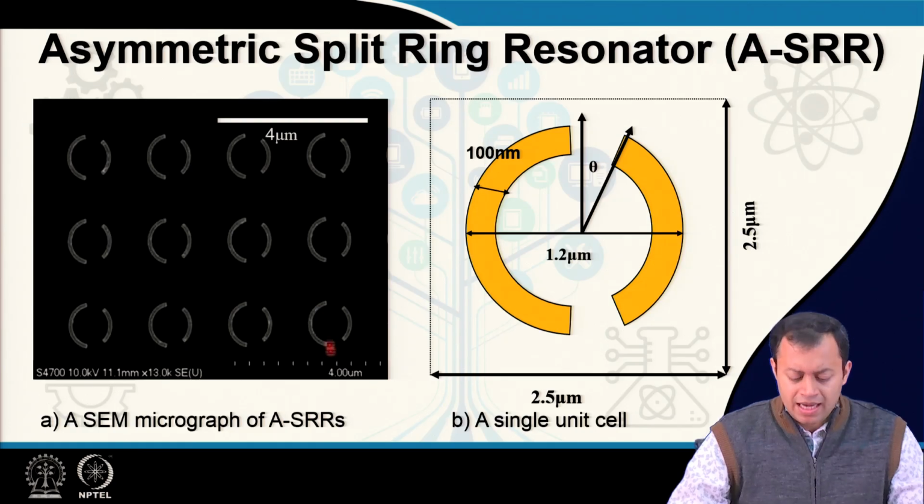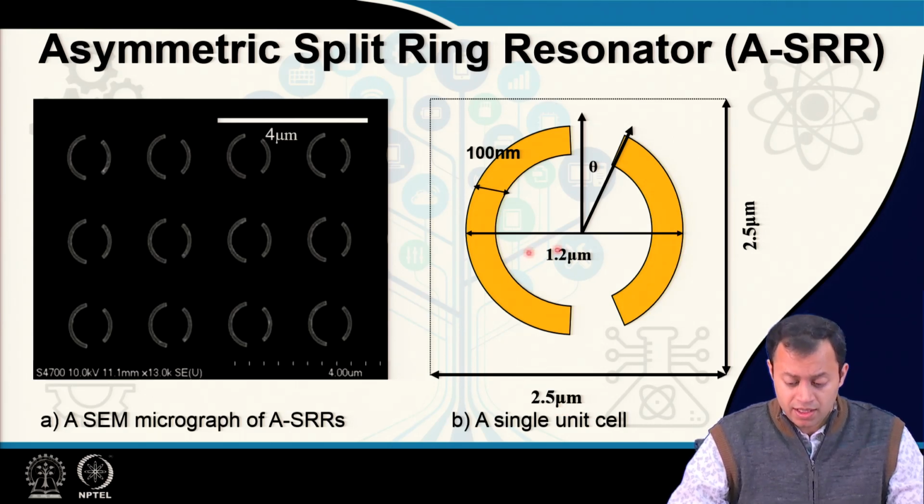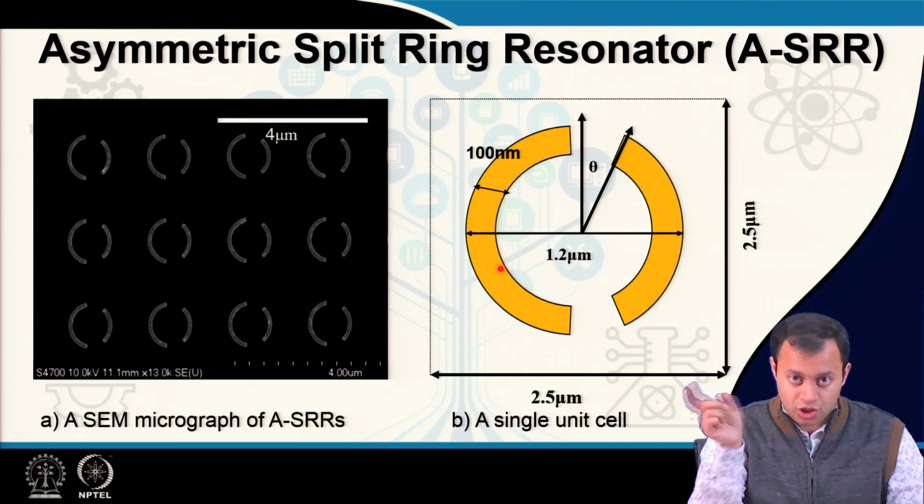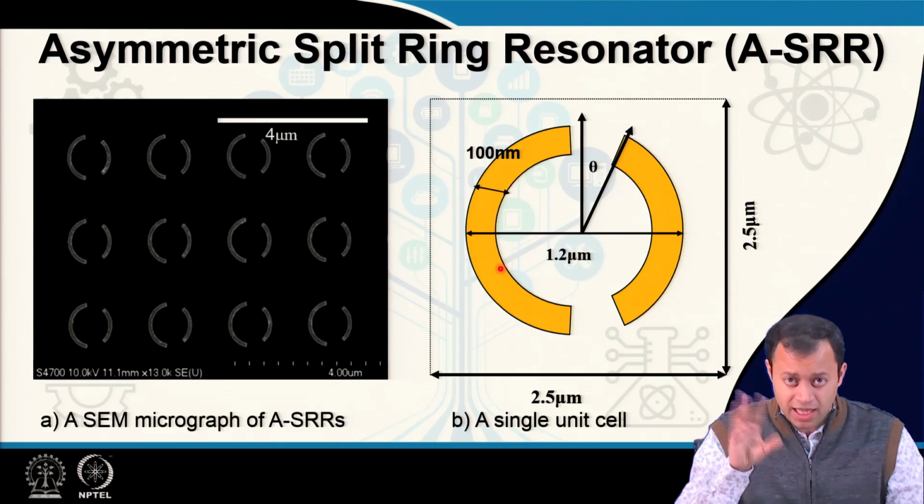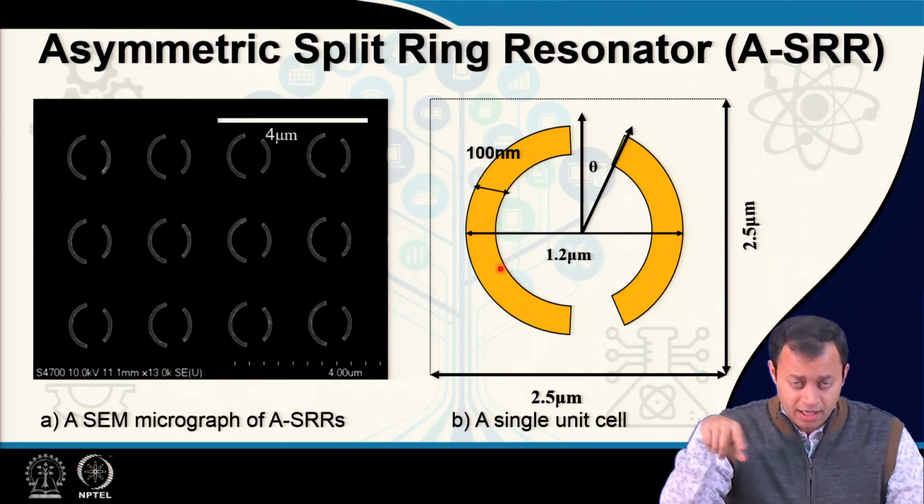Why make this? And these are slightly bigger. This is 5 micrometer, this is 2.5 micrometer, meaning they will resonate in the infrared region. Using the formula that I gave you, you can calculate roughly where the lambda, their response, is going to be.